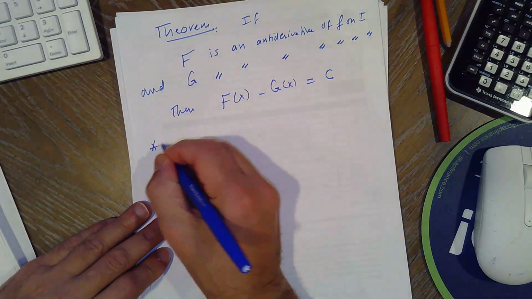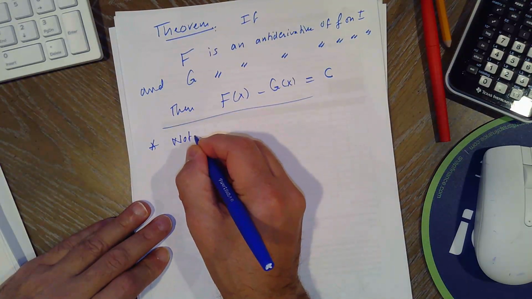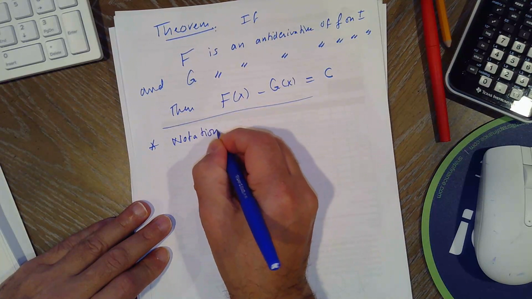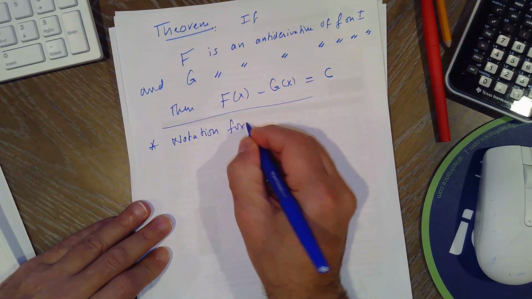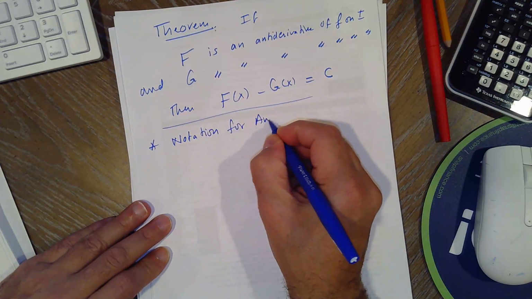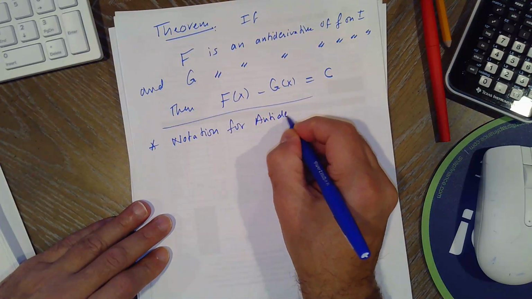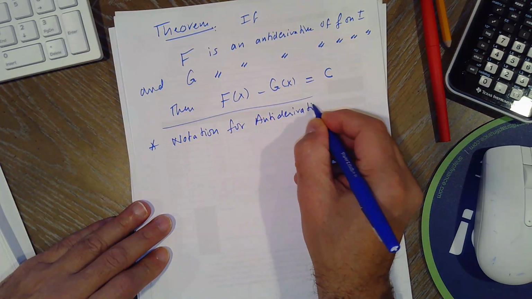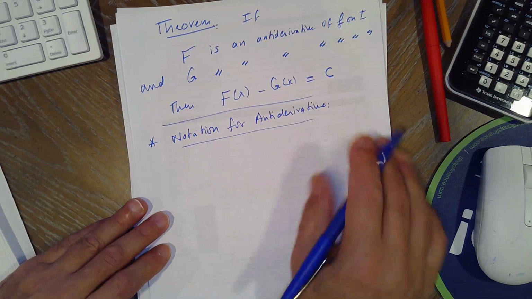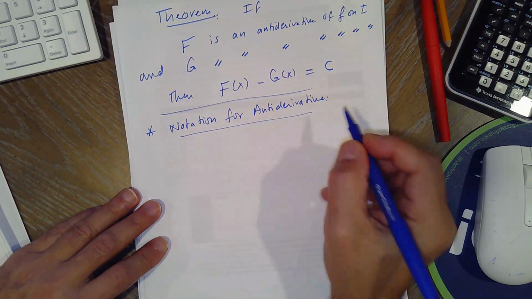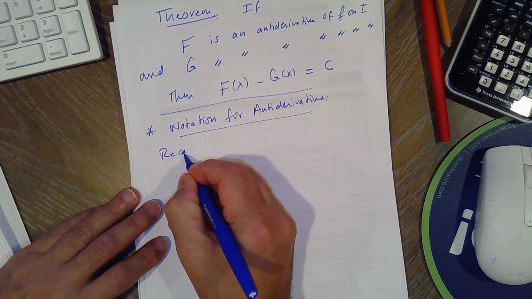So what now? In 4.9 in your text, they do not introduce the notation yet, but I will introduce it now. I think it's convenient. So what notation do we use for antiderivative? So let's recall what we just talked about.